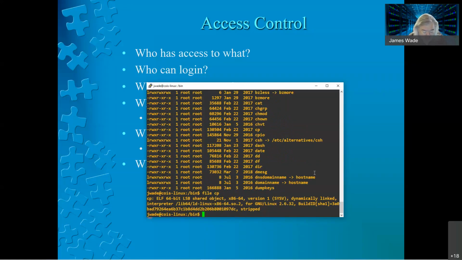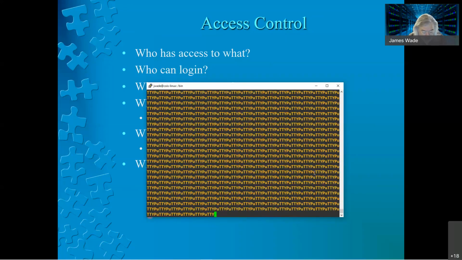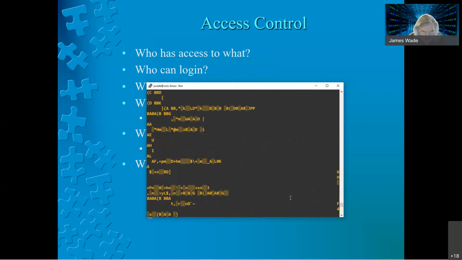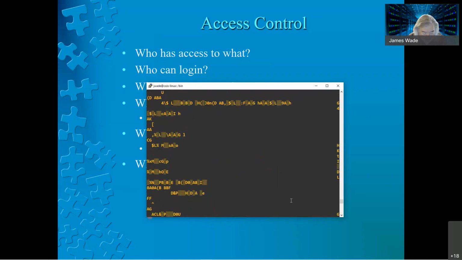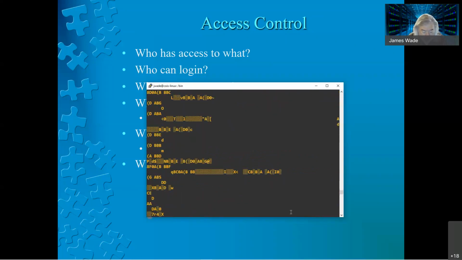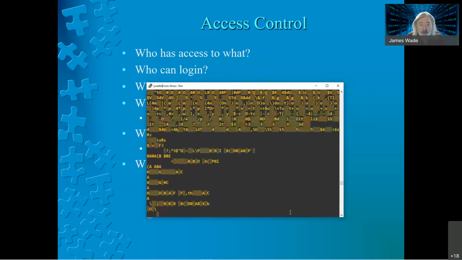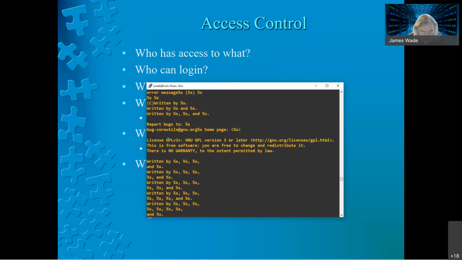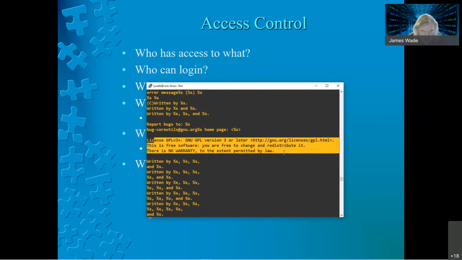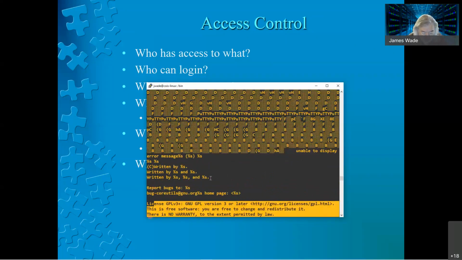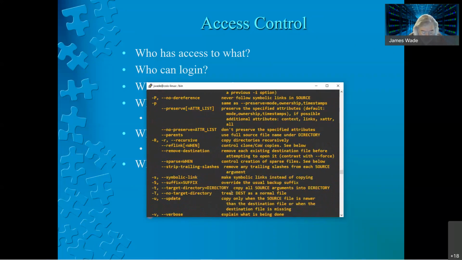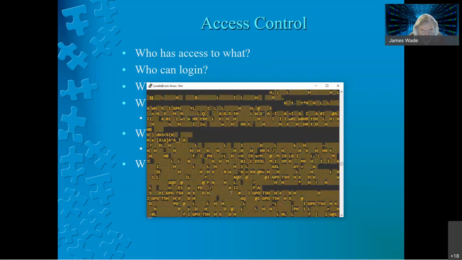Well, now what happens if I do a cat of CP? Okay, well, that certainly doesn't look like, look at that. All that gobbledygook. Okay, that's because it's a compiled program. Sometimes you can pick up some text in here by catting it out, but it is a compiled program.